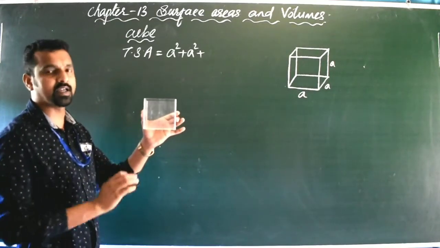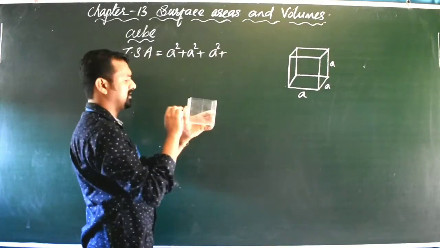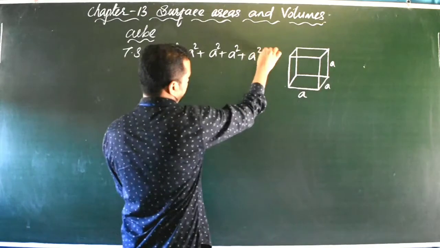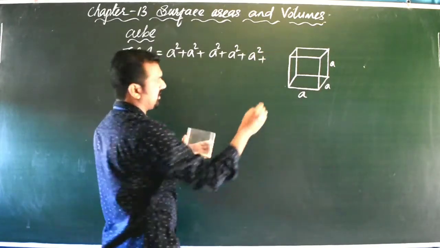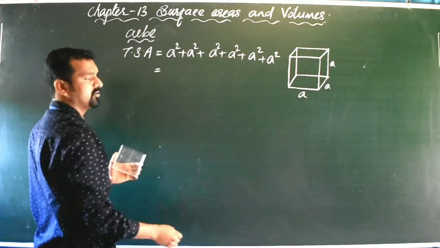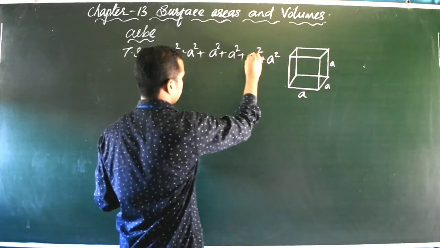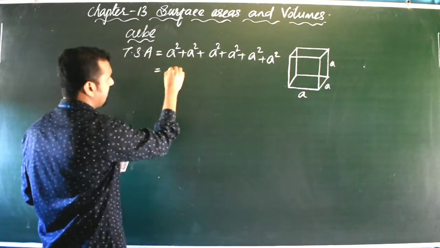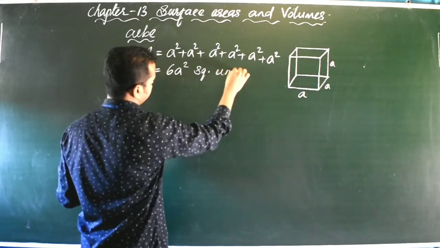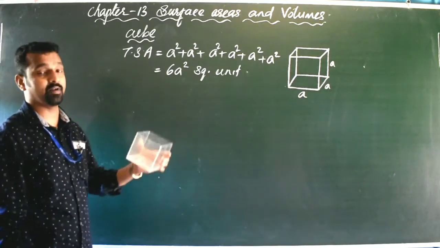So back face also A square, plus this face A square, plus top face A square, plus bottom face A square. So the answer is A square plus A square is 2A square, plus A square 3A square, plus A square 4A square, plus A square 5A square, plus A square 6A square, square unit. That is the formula for finding the total surface area of a cube.